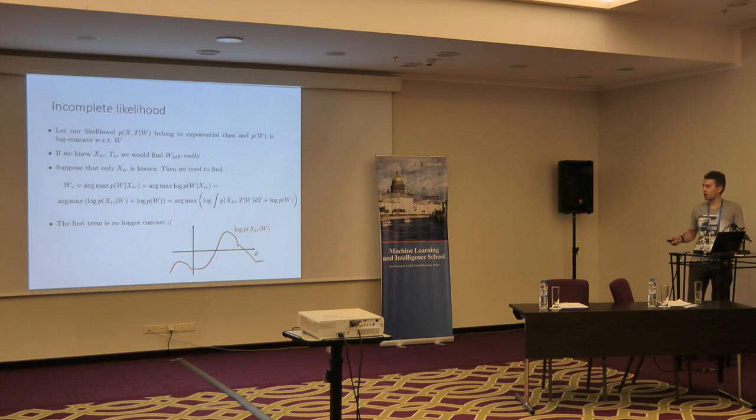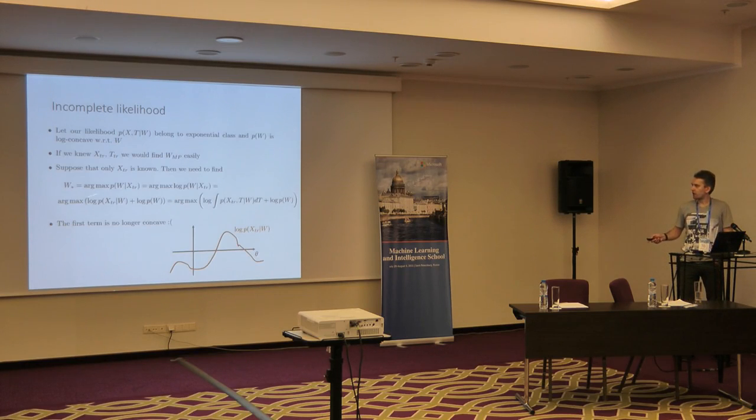It is no longer concave. Why so? Because it is actually the marginalization of the complete likelihood with respect to t. So we need to take p of x train, t given w and integrate out with respect to all possible values of t. The function under the integral is log concave, but the logarithm of this integral is no longer a concave function. So probably it looks something like that. It has many extrema, and it is not easy to optimize.